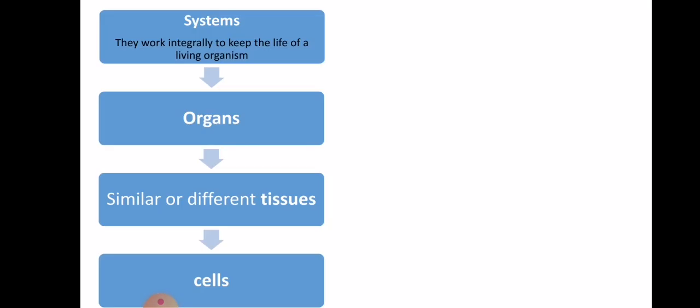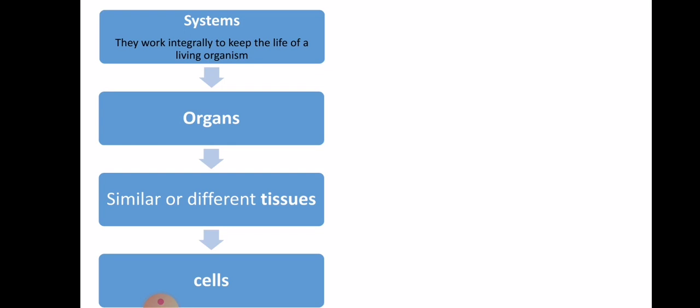Okay, let's start. At the beginning, we have known from the previous lessons that the human body, animal body, or plant body consists of systems. And these systems consist of organs, and the organs consist of tissues, and tissues consist of the smallest part in our body, which is cells.